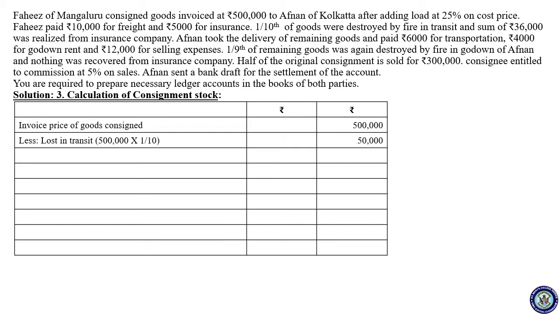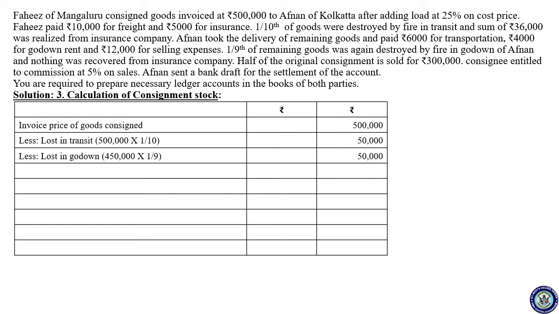Because the goods have been invoiced, out of which we have sold, out of which there was a loss. After deducting everything, what is left is itself the consignment stock. So we have to take the invoice price. 1/10 of 5 lakh will come to 50,000. Again we lost in the godown, that is 1/9.